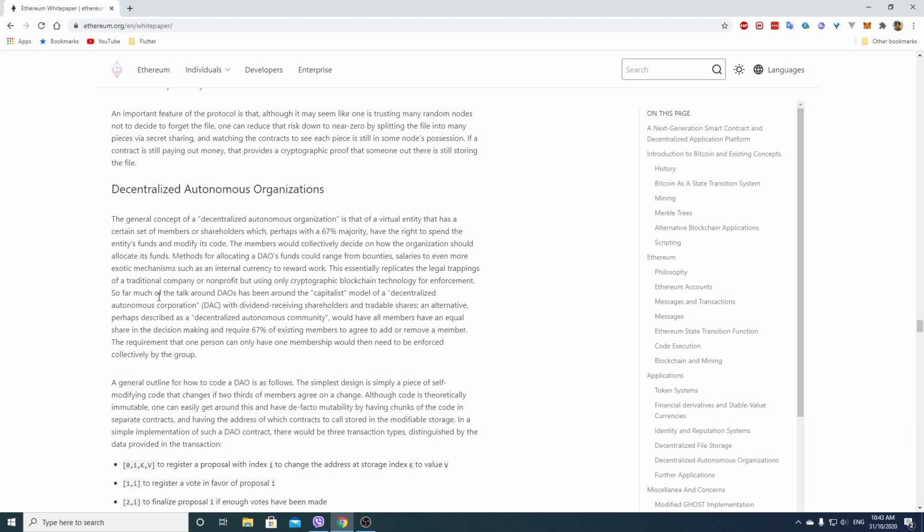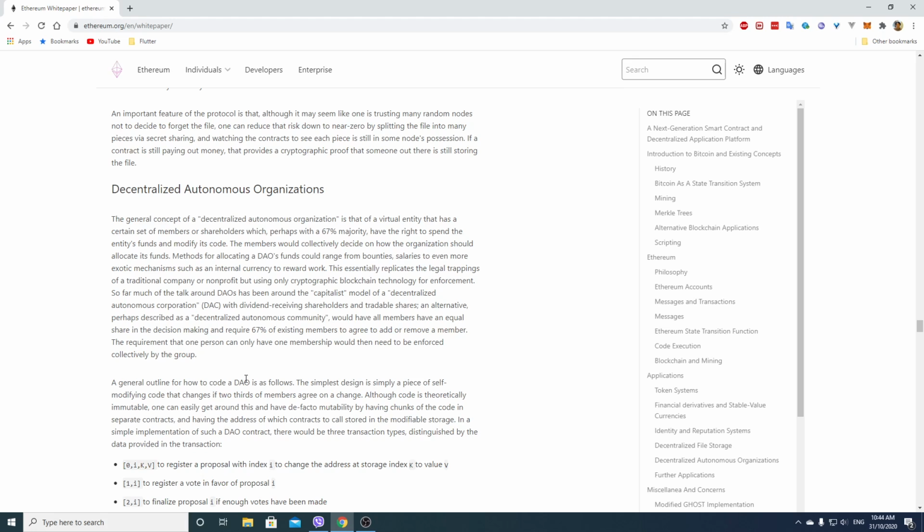So far much of the talk around DAOs has been around the capitalist model of a decentralized autonomous corporation with dividend-receiving shareholders and tradable shares. An alternative, perhaps described as a decentralized autonomous community, would have all members have an equal share in the decision making and require 67% of the existing members to agree to add or remove a member.